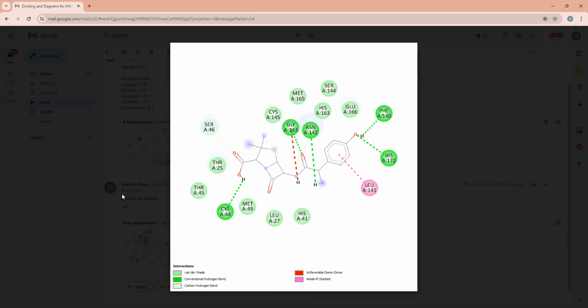So lopinavir, our reference drug, gives us a baseline. Now we look at amoxicillin. Amoxicillin had a relatively high docking score, right? And it interacted with cysteine 145 and histidine 41, but not with a strong bond with histidine 41. So we can still consider it, right? So let's take that off and go to another. Let's look at ritonavir.